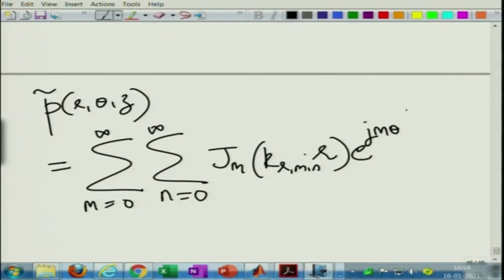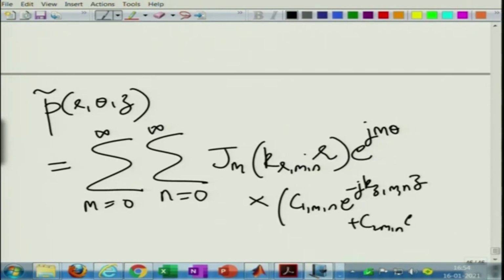Because it does not matter whether the waves go like this or like this, it is axis symmetric. So, instead of writing cos m theta or sin m theta, we can do with e^{j m theta} or e^{-j m theta}, and this will be multiplied with C1mn e^{-j k_z,mn z} plus C2mn e^{+j k_z,mn z}, and this will be multiplied by e^{j omega t}. So, now this is what we are going to get.